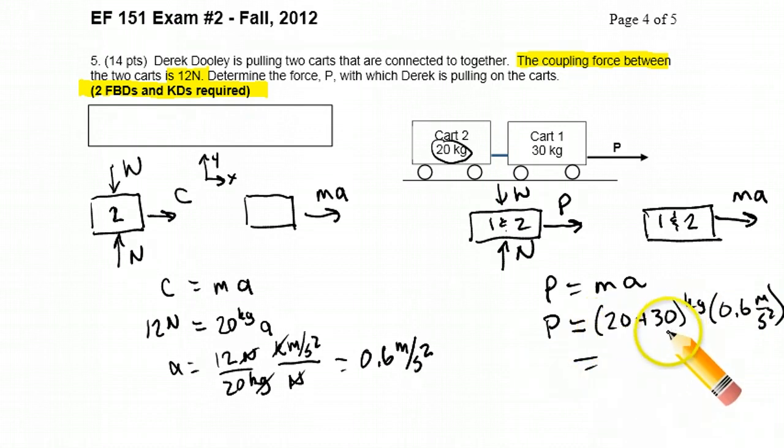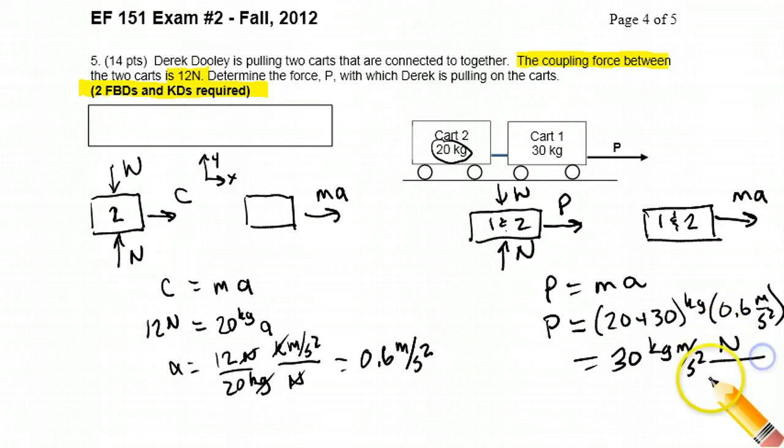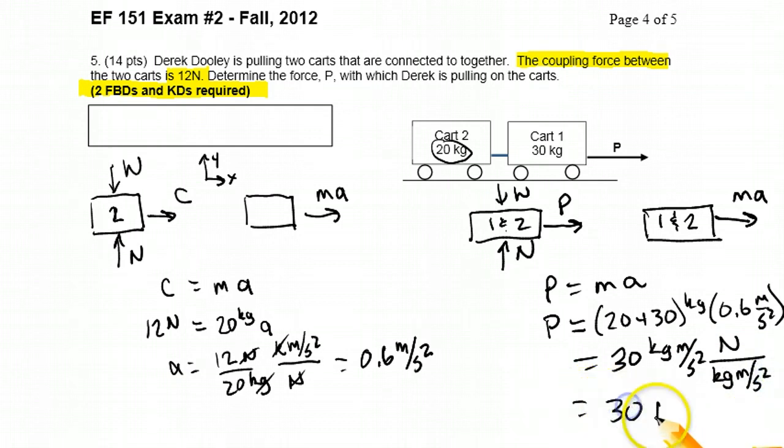Alright, so it looks like 50 times 0.6. It gives us about 30 kilogram meter per second squared, and we just saw over there that 1 newton is a kilogram meter per second squared. So 30 newtons.